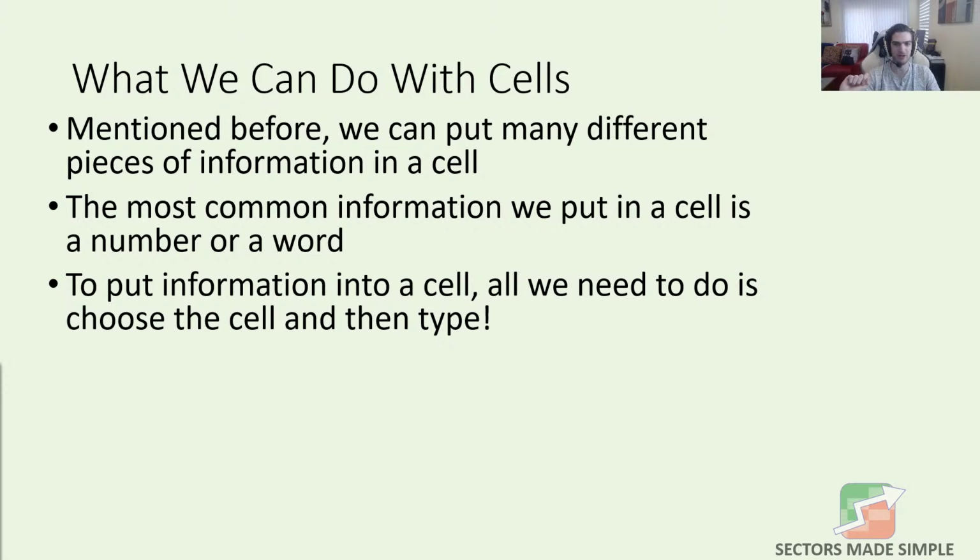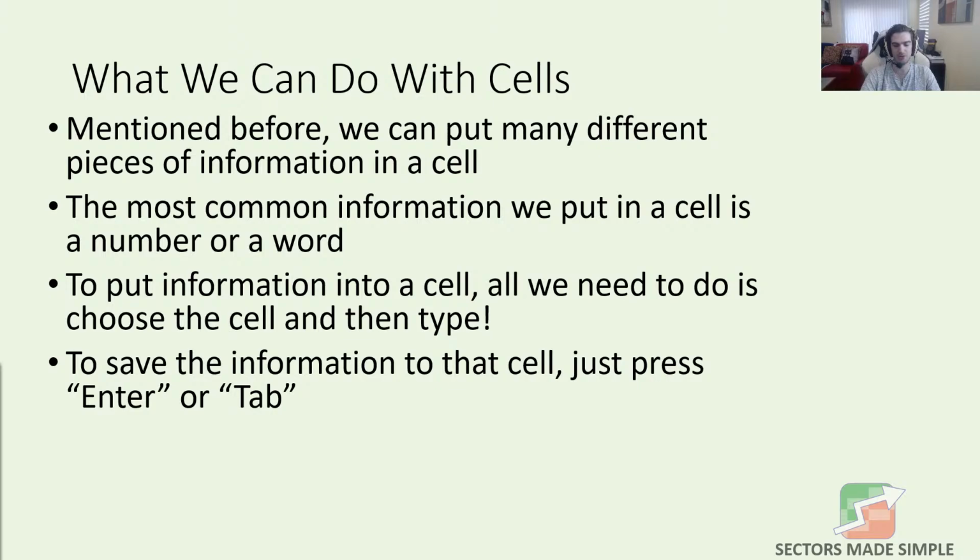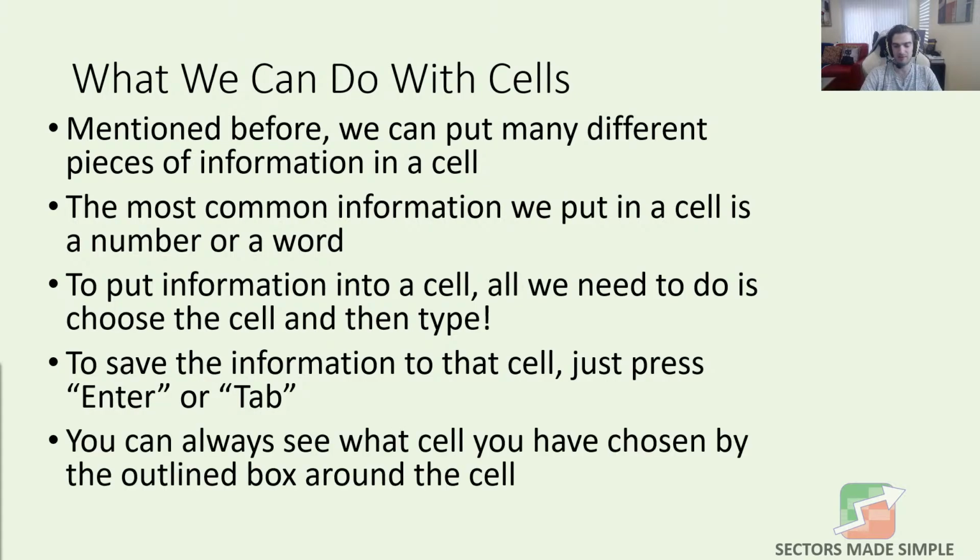You click on the cell, and then you start typing. And to save that information, you either hit Enter or Tab, and that will save what you just typed. And if you ever lose where you are, or you want to make sure you know what you're clicking on, all you need to do is find the box that has this little blue square around it. That tells you where you're looking.